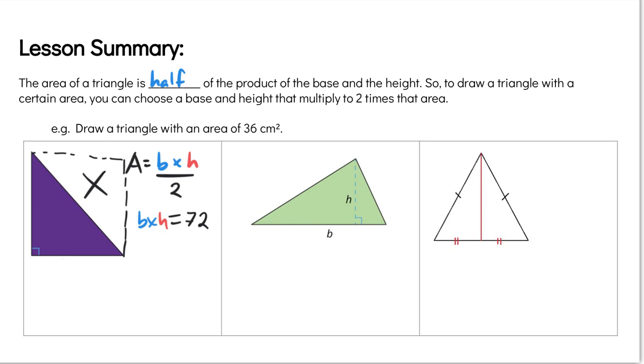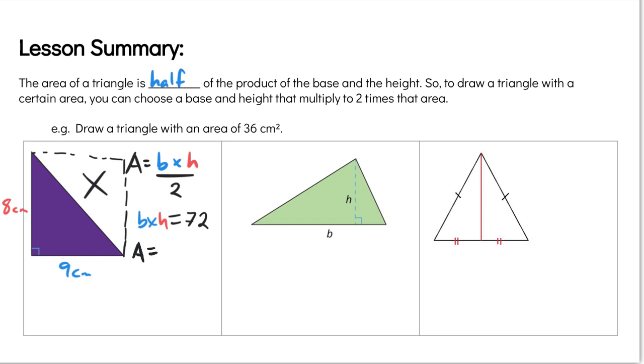Okay, so now that we know that, what are some numbers that when multiplied by each other get to 72? Well, I know that 9 times 8 is 72, so I might write down as my base, this is 9 centimeters, and this is, along the side, this is 8 centimeters. Now let's complete our equations until we have come to 36 square centimeters and we're sure of it.